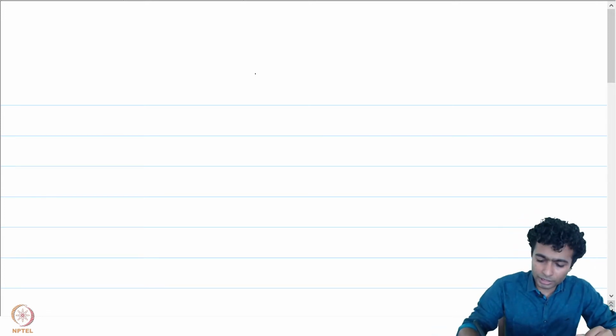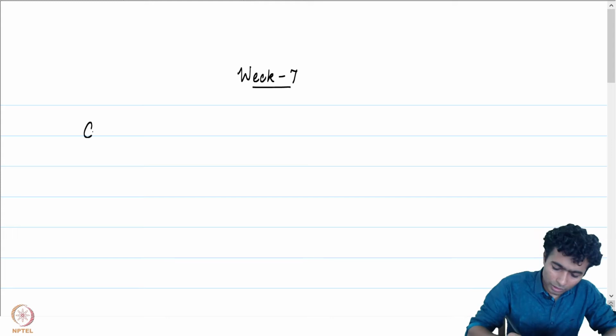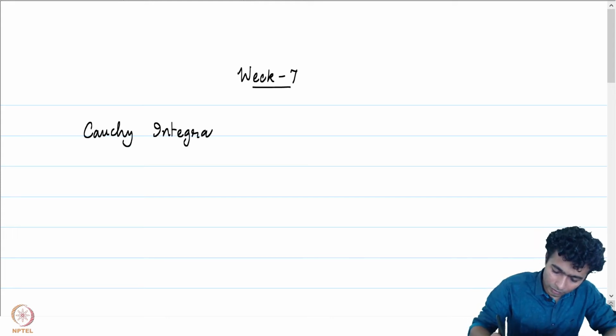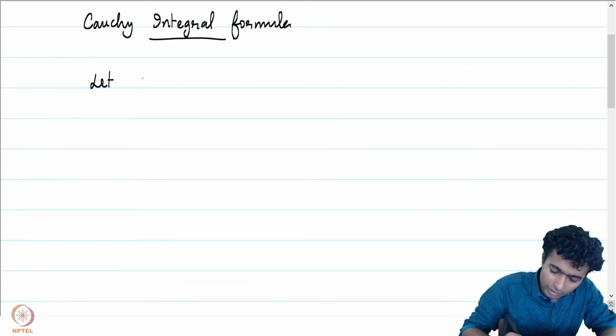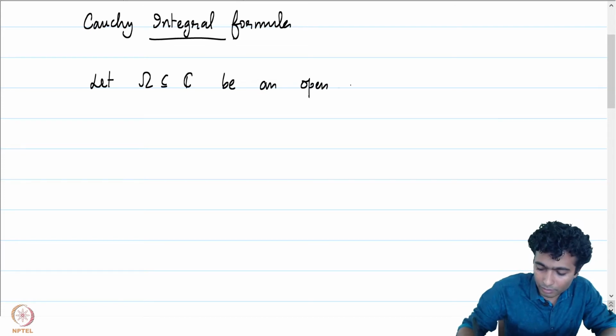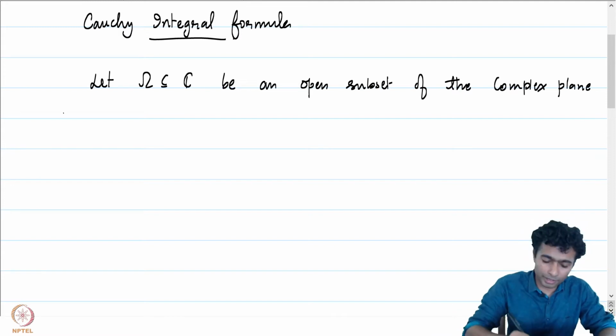Let me first write down the statement and we'll discuss more. The Cauchy integral formula. Let omega be an open subset of the complex plane and let f be a function holomorphic on omega.